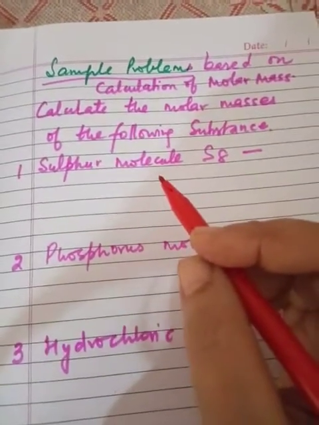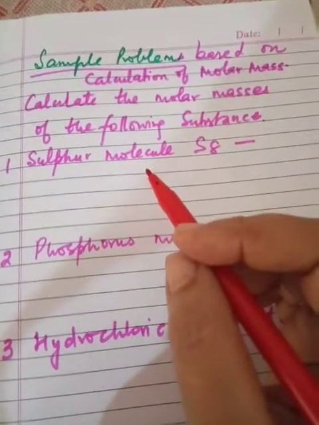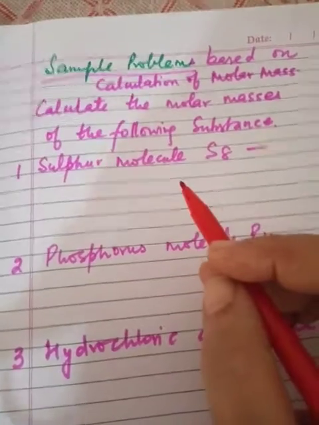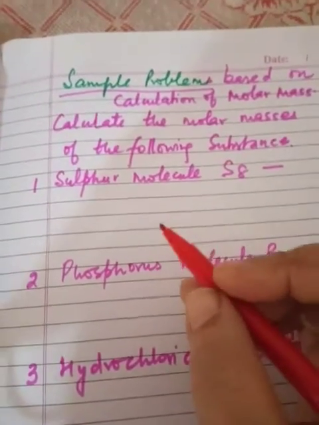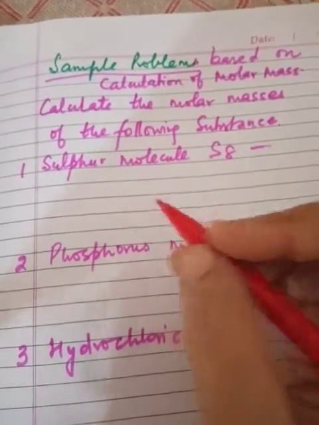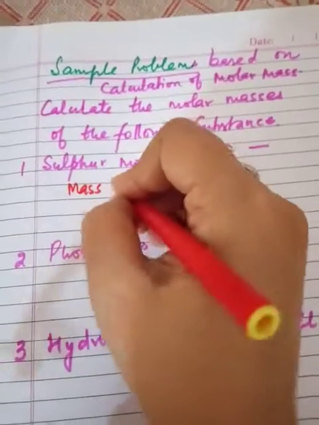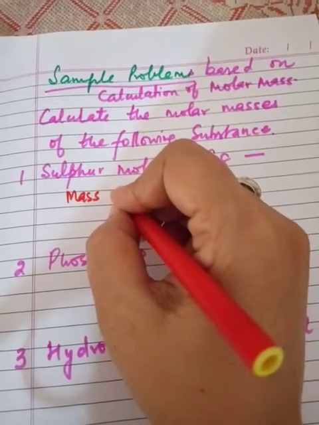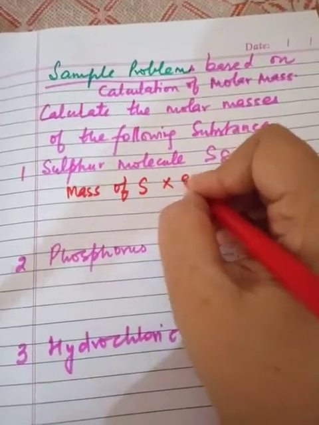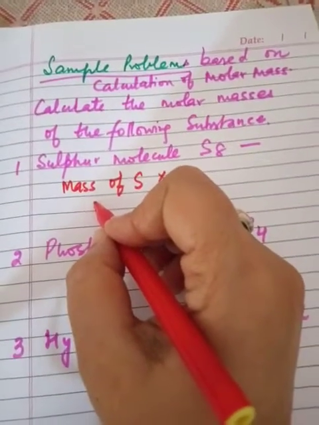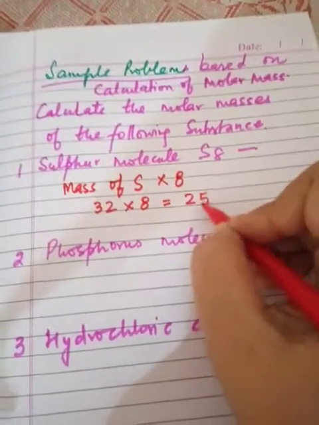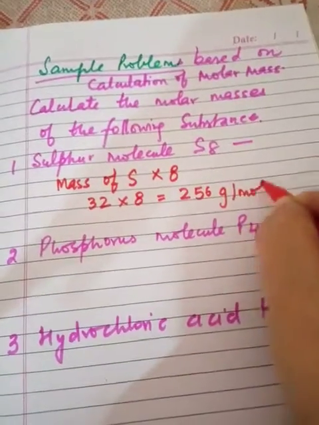The molar masses of all these substances will be equal to their respective molecular masses, expressed in gram per mole. First, the molar mass of sulfur molecule, S8. Mass of sulfur, that is the atomic mass, 32 into 8, is 256 gram per mole.